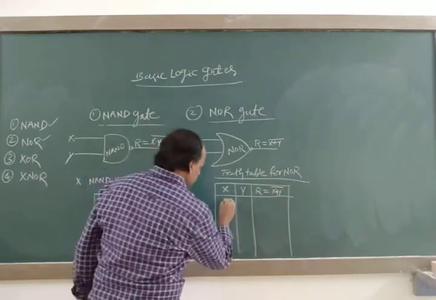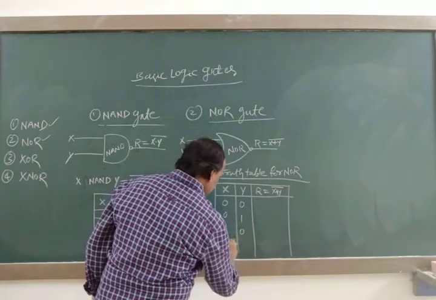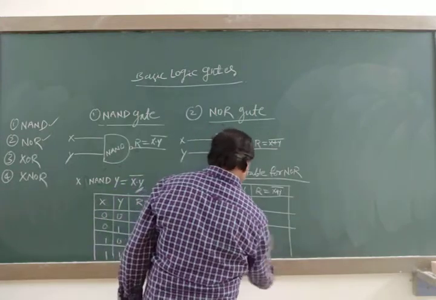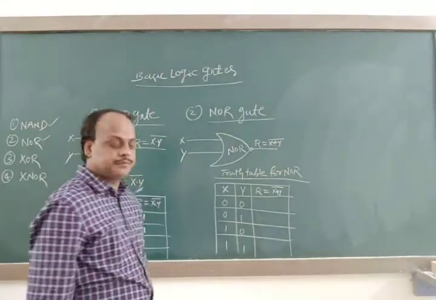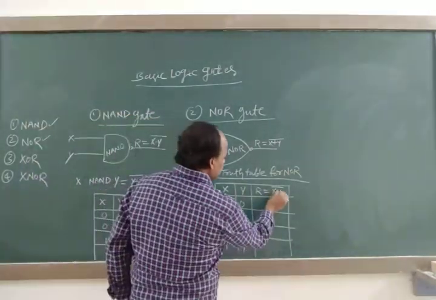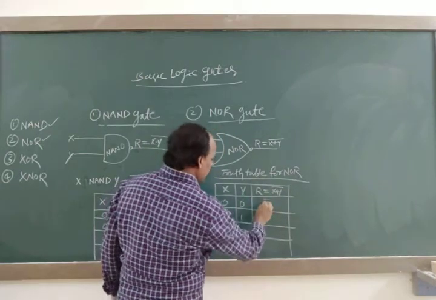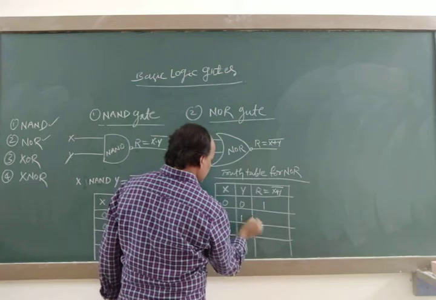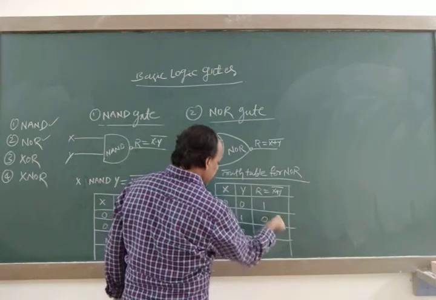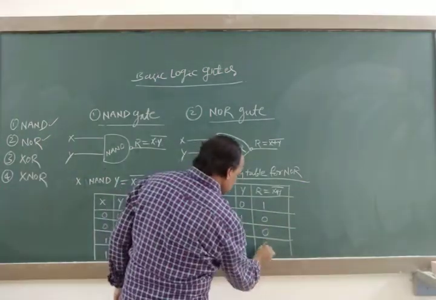Two variables means four combinations: 0 0, 0 1, 1 0, 1 1. Right? So write the result: X plus Y whole bar. 0 plus 0 is 0, 0 bar is 1; 0 plus 1 is 1, 1 bar is 0; 1 plus 0 is 1, 1 bar is 0; 1 plus 1 is 1, 1 bar is 0.